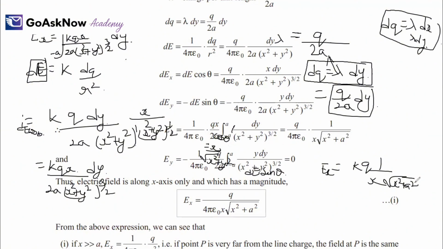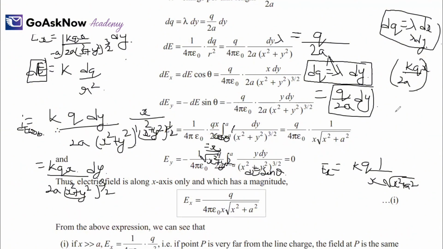Here x square plus y square to the power 3 by 2 is there. So if you integrate this part, you will just apply kqx upon 2a, which is your constant term because it has no y term.